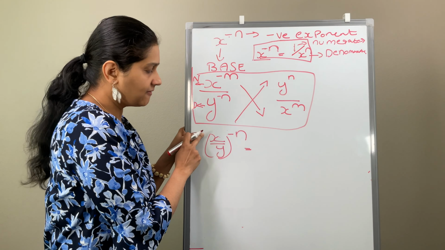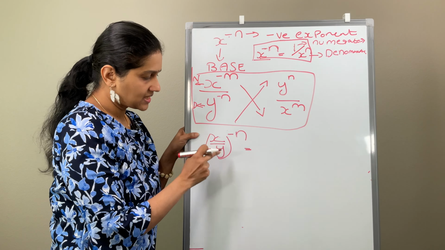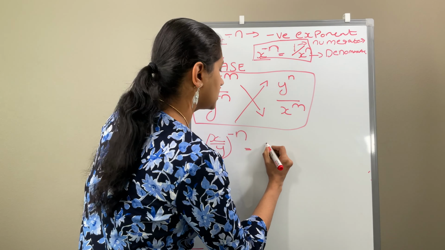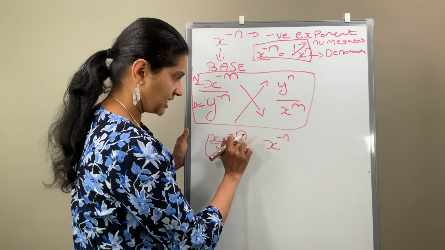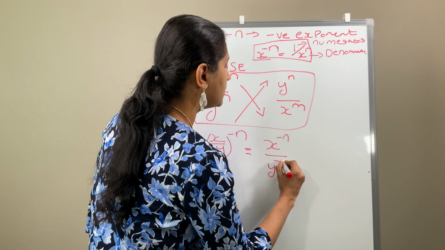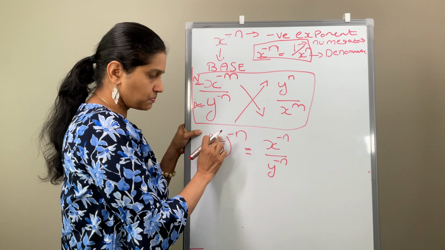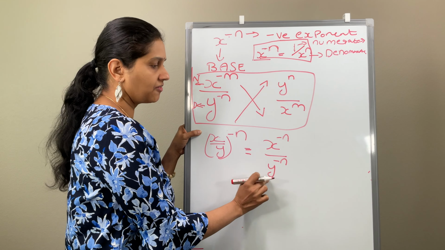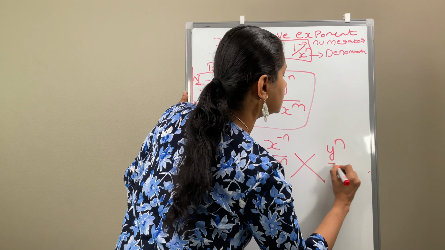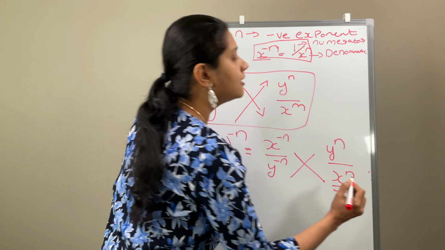That is, you have both x and y inside the parenthesis and you have a common negative exponent. This means what? According to the law of exponents, this is equal to x to the power minus n by y to the power minus n. That is, you are just splitting this into 2: x raised to the power of minus n and y to the power of minus n. You are removing the parenthesis. As I told you, once this is done, this is the same as this form, right? So you can just cross the numerator and the denominator. So this will be the final output.